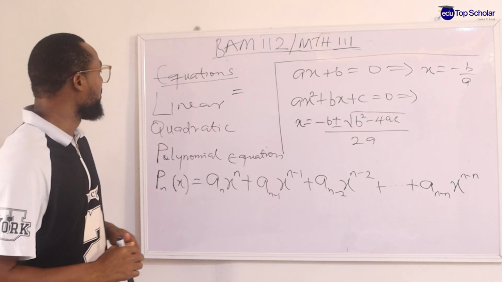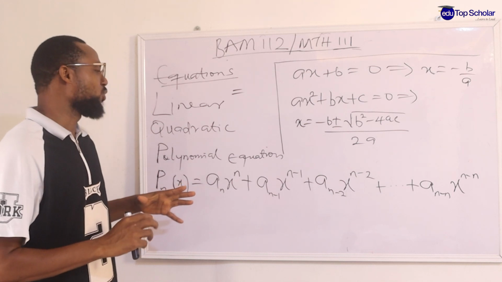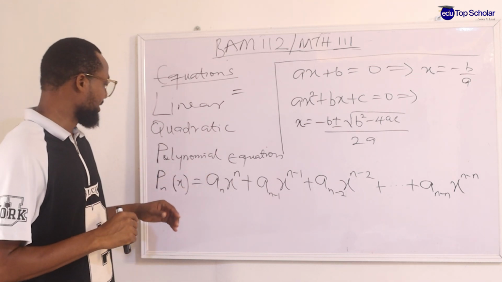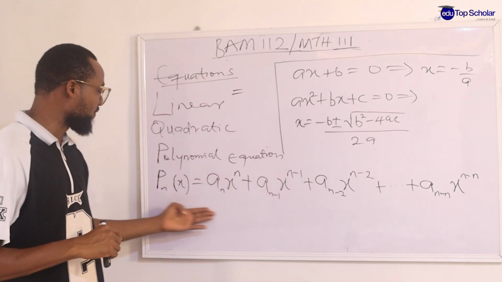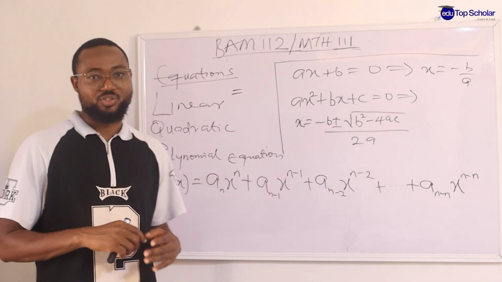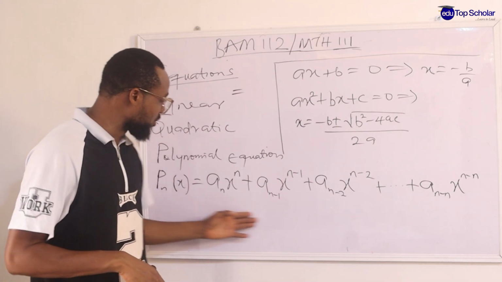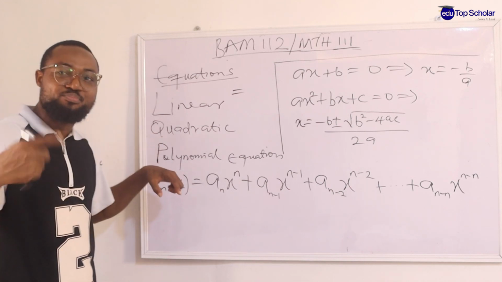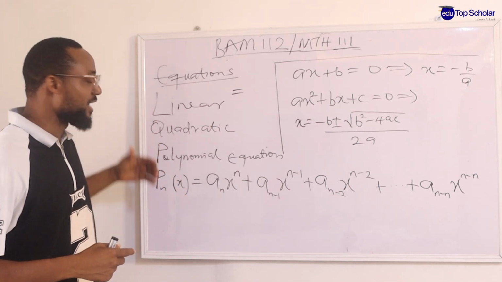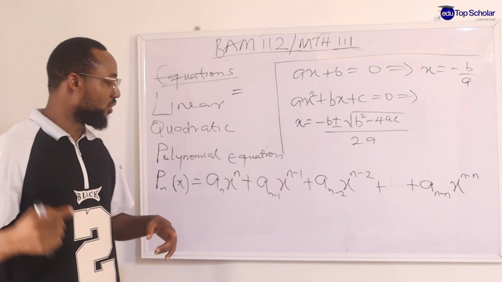Now, we want to see a particular class of equation, which is the polynomial equation. This is the generalized form of a polynomial equation. And it is from this polynomial equation that we get all other forms of algebraic equations, such as linear, quadratic, cubic, and so on.